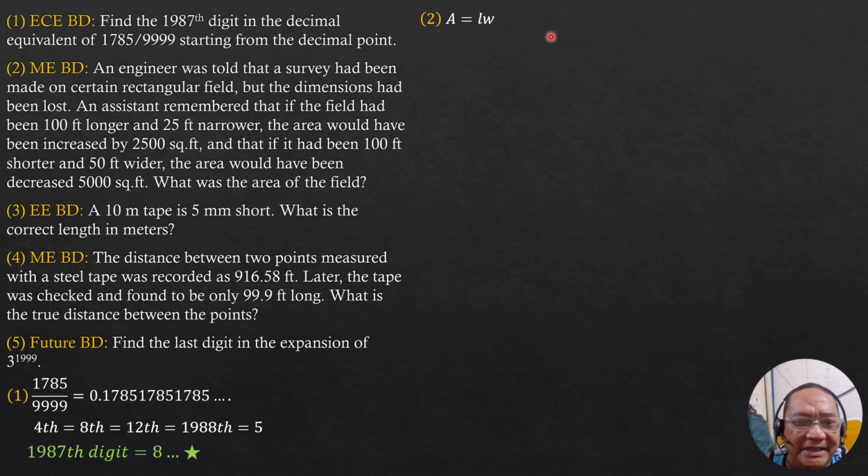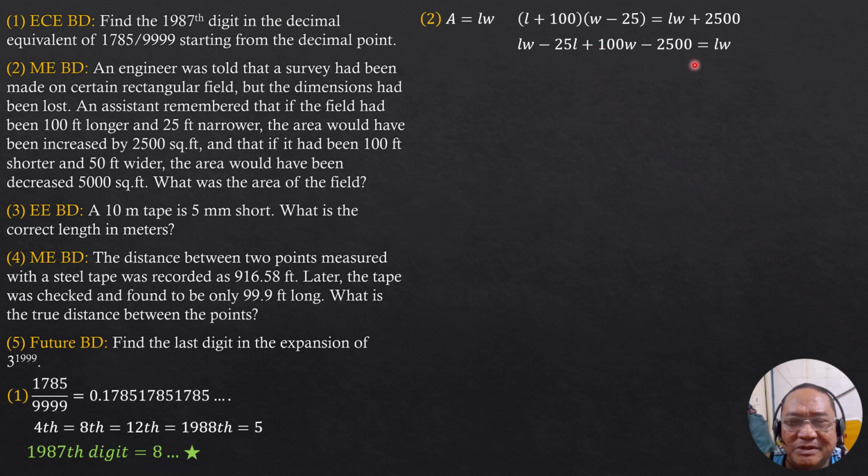So quantity L plus 100 times quantity W minus 25 equals LW, the original area, plus 2,500. Distributing, LW minus 25L plus 100W minus 2,500 equals LW plus 2,500. Cancel out LW, combining like terms, so negative 25L plus 100W equals 5,000, 2,500 plus 2,500.